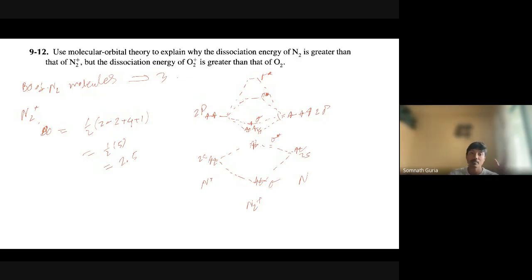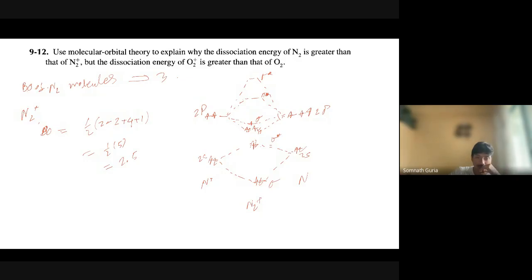So for breaking the N2 plus bond, with a bond order of 2.5, the bond breaking energy is much lesser than for 3. So that means my N2 molecule is much more stable than the N2 plus molecule.